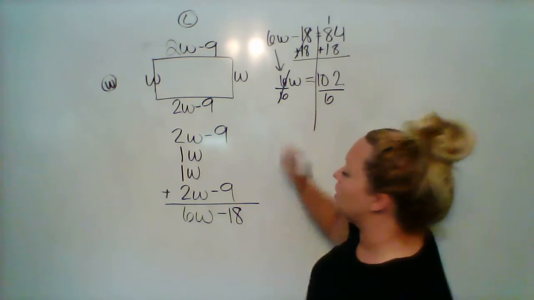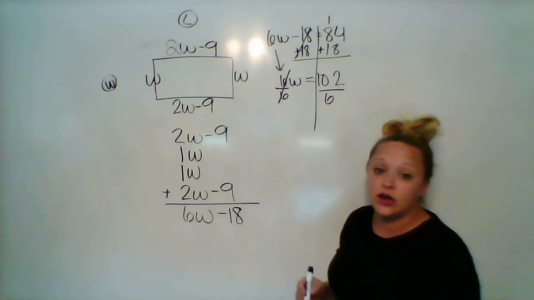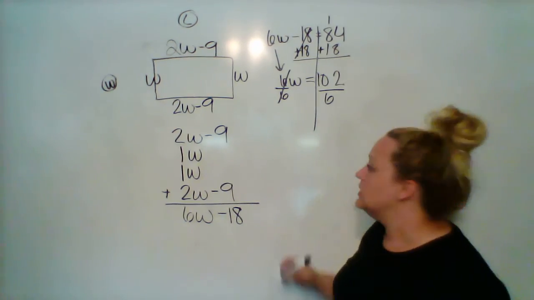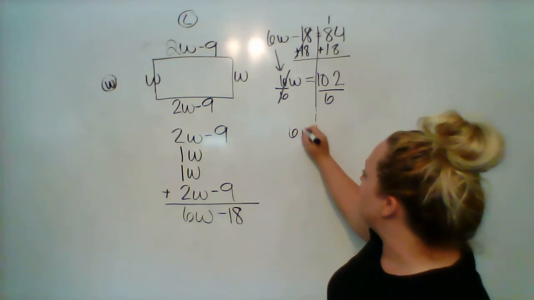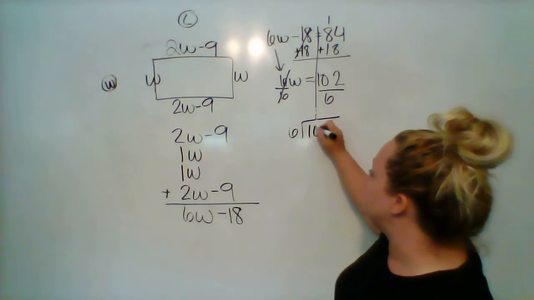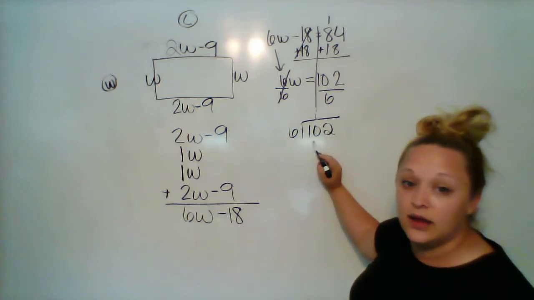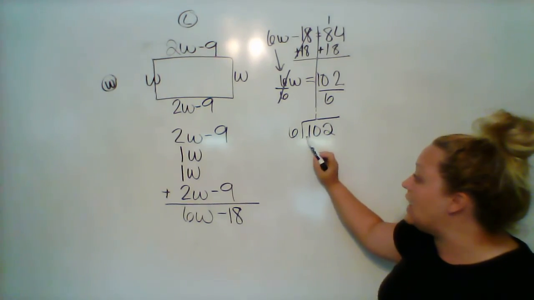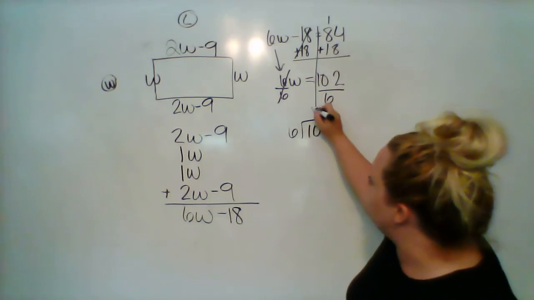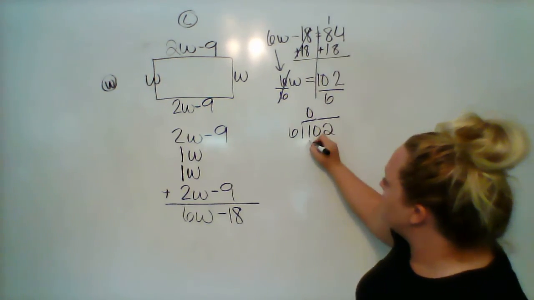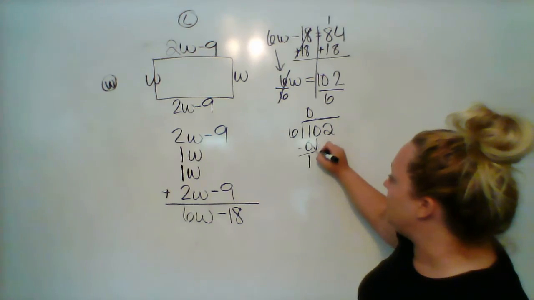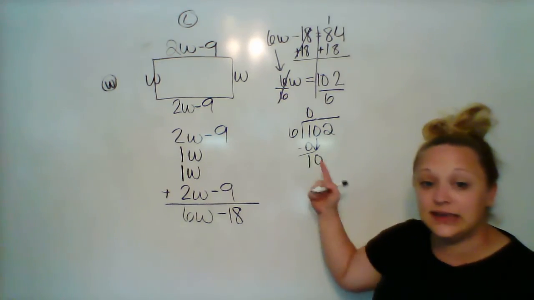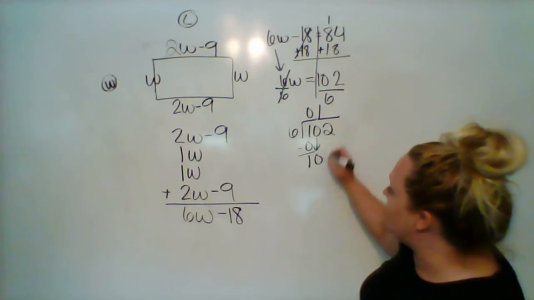This is where some of you are going to reach for a calculator. Don't you dare. Try it by hand. How many times can 6 go into 102? Well, I don't know that off the top of my head. But I do know that 6 cannot go into 1, so that's a 0. Bring down. I know that 6 can go into 10 one time.